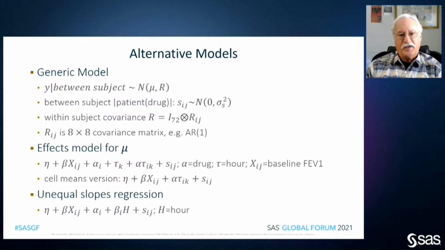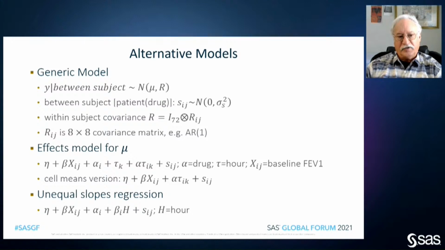You've got a total of 72 subjects here, 24 for each treatment. And within each one of those subjects, you have an 8x8 covariance matrix. And in this example, we'll do what we did in SAS for mixed models and use the AR1 structure. The between subjects effect is assumed to be normally distributed, and it has some variance component sigma sub s squared.